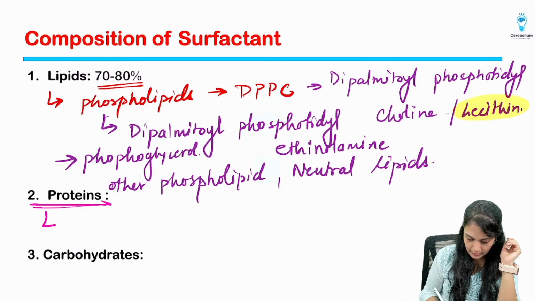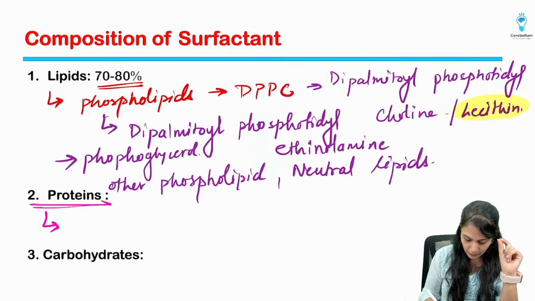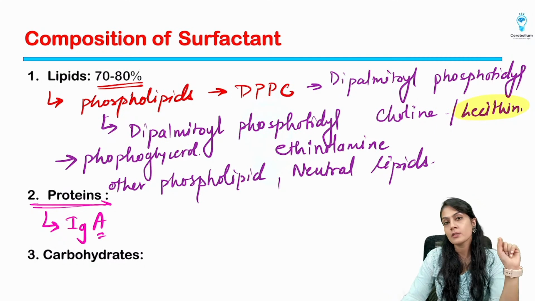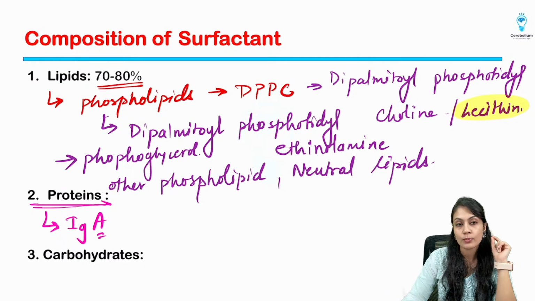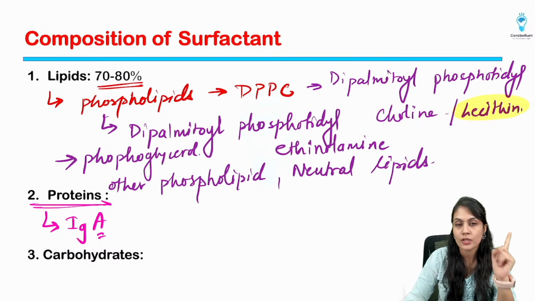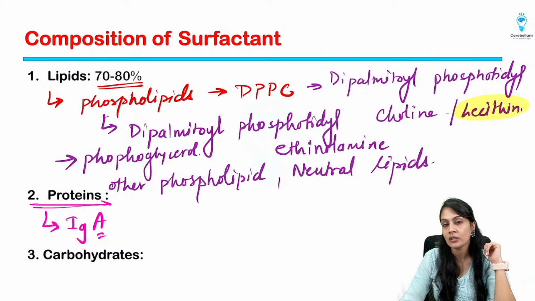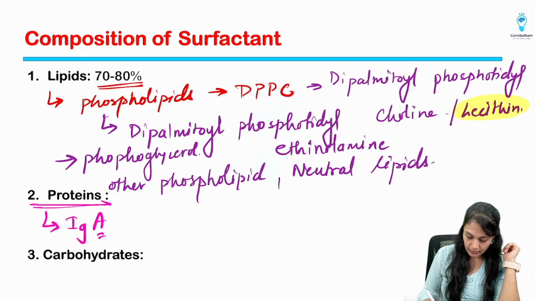Now what about the proteins? In the protein you have to remember just AAA. What is AAA? First is the IgA is going to be present. Immunoglobulins, please remember, they are also proteins which are going to be present in the surfactant, right? I told you this is kind of a mucus which is going to be having these IgAs more, but again in the surfactant also the IgAs are present, so that if any bacteria comes and attaches to the layer of the alveoli, we can have the fighting battle ready over there.